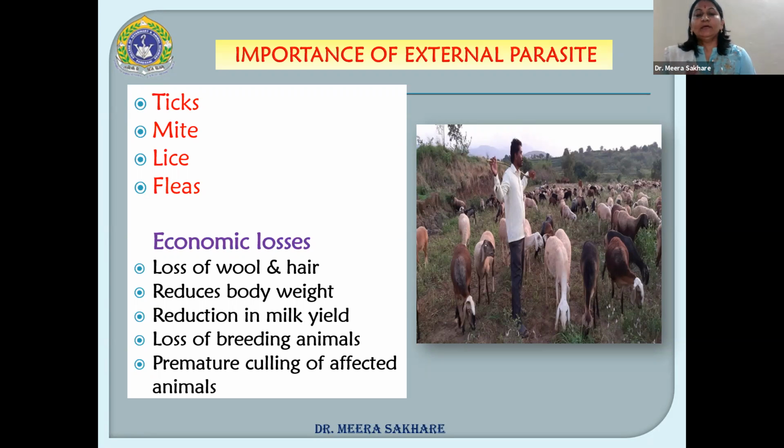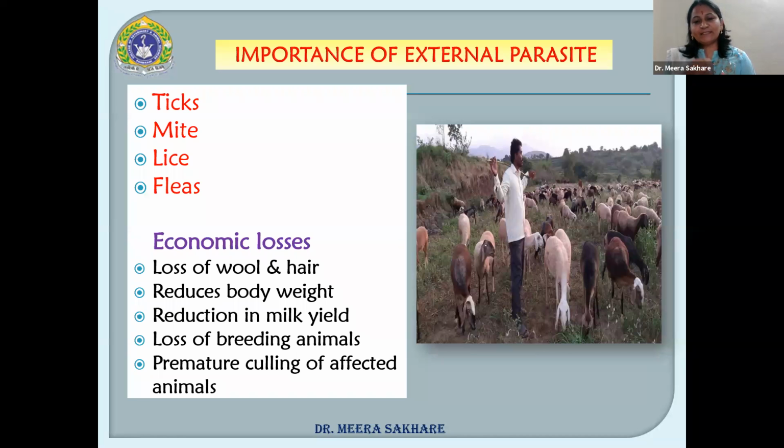Then mites. These are small parasites which are found on the animal's body, and we will see them in the next slide. Then lice and fleas. Nowadays, lice and fleas infestation is frequently found in small ruminants. When these external parasites are present on the animal body, they cause economic losses.